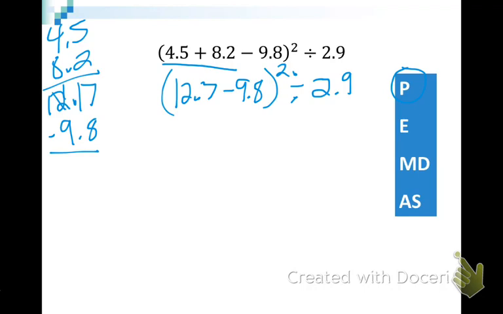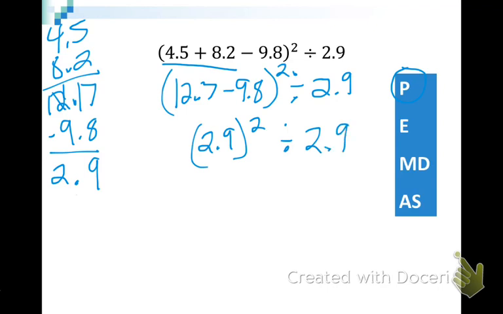So then I have 17 minus 8 because I had to borrow, and that equals 9. 11 minus 9 is 2. So in the parentheses I have 2.9 that has an exponent on the outside, divided by 2.9. So I do not have anything else in my parentheses to simplify.